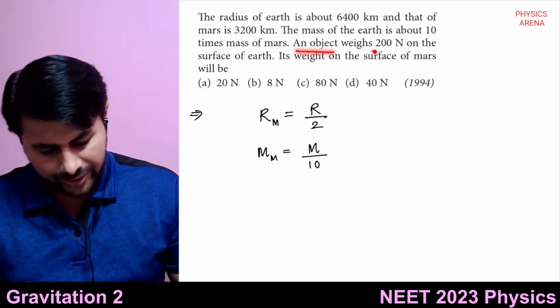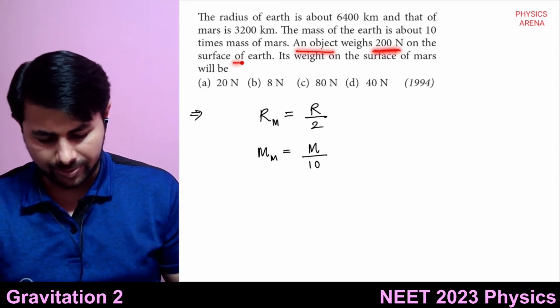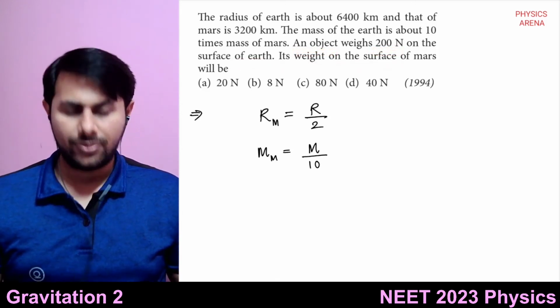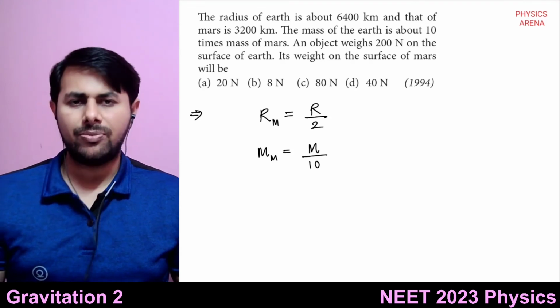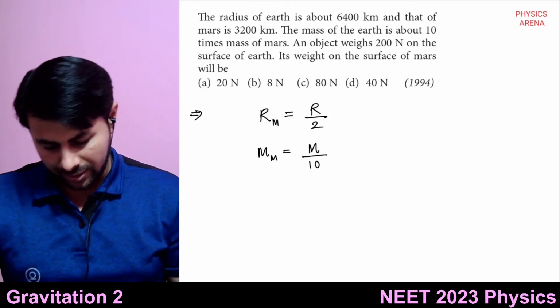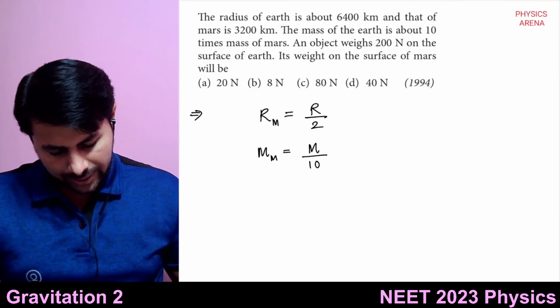Then an object weighs 200 Newton on the surface of Earth. Its weight on the surface of Mars will be. So what we have to do? We have to find out the acceleration due to gravity on the surface of Mars. Okay, so let's do that.